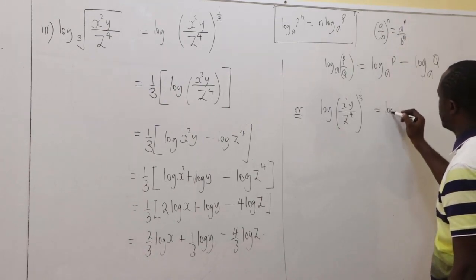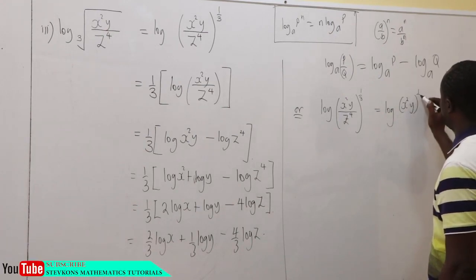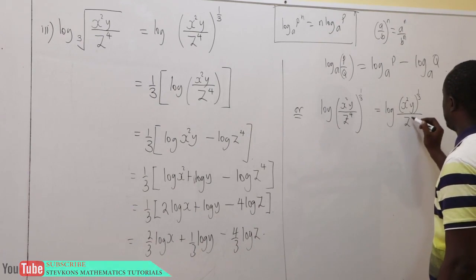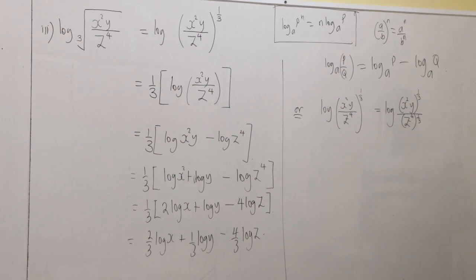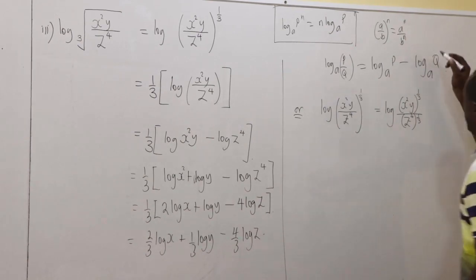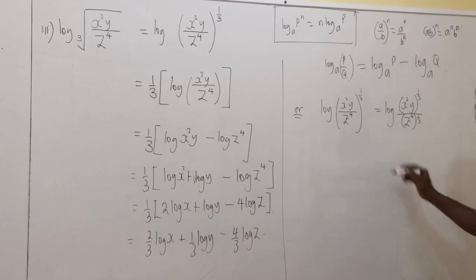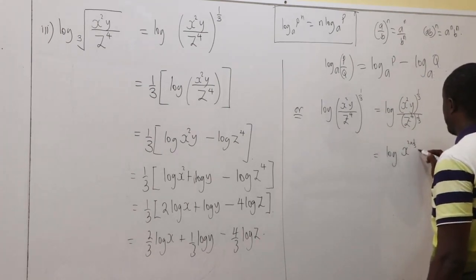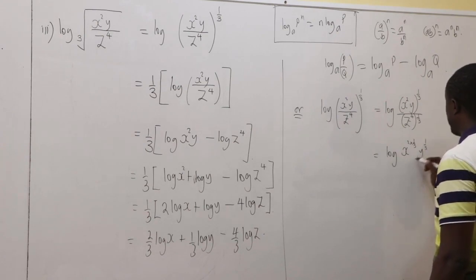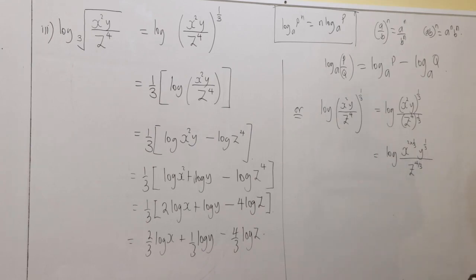So this is the same as log of x squared y all to the power 1 over 3, all over z to the power 4 to the 1 over 3. Now we know that if we have ab all to the power n, this is just a to the n times b to the n. So we apply that method over here. So this is the same as log of x to the power 2 times 1 over 3, y to the power 1 over 3, all over z to the power 4 over 3.